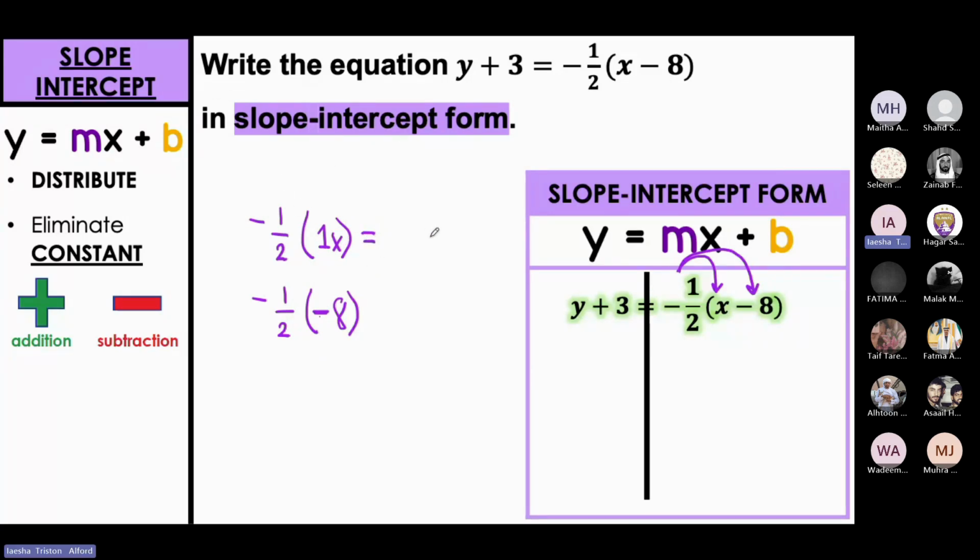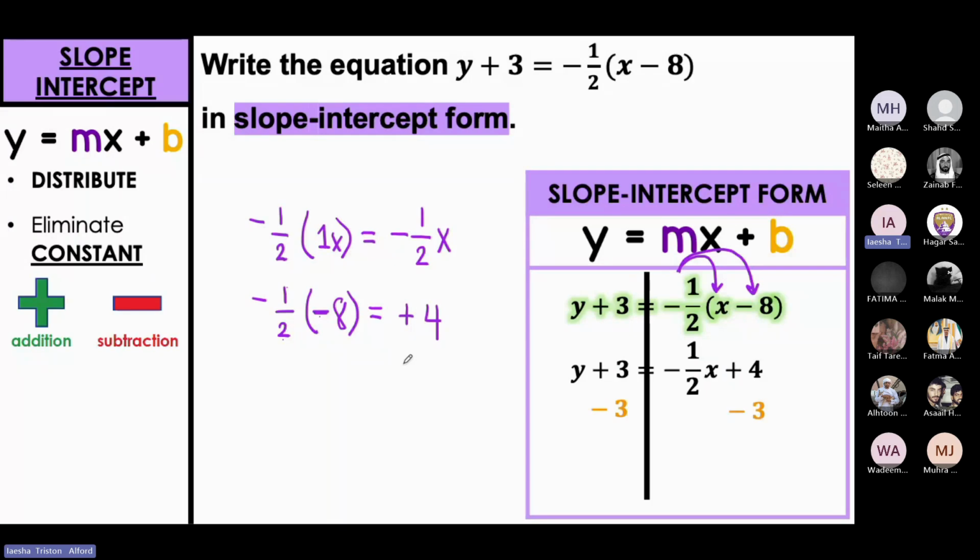If you pick up your pencil, everything is going to be more clear and make more sense. So use your pencil. You have magic in the pencil, so use it. -1/2 multiply -8 is going to give you a +4. So be careful about it.